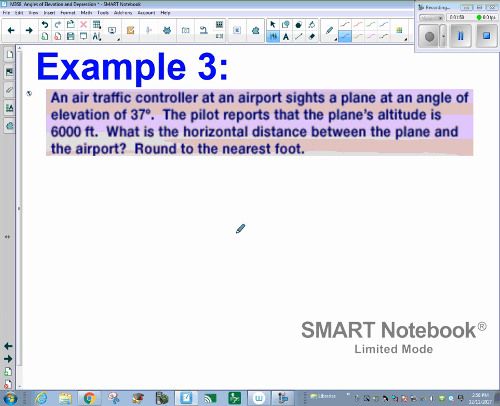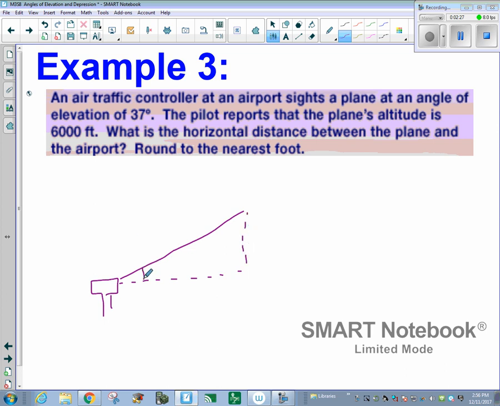An air traffic controller at an airport sights a plane at an angle of elevation of 37 degrees. The pilot reports the plane's altitude is 6,000 feet. What is the horizontal distance between the plane and the airport? So we've got our tower down here, and it says it's an angle of elevation from the horizontal.